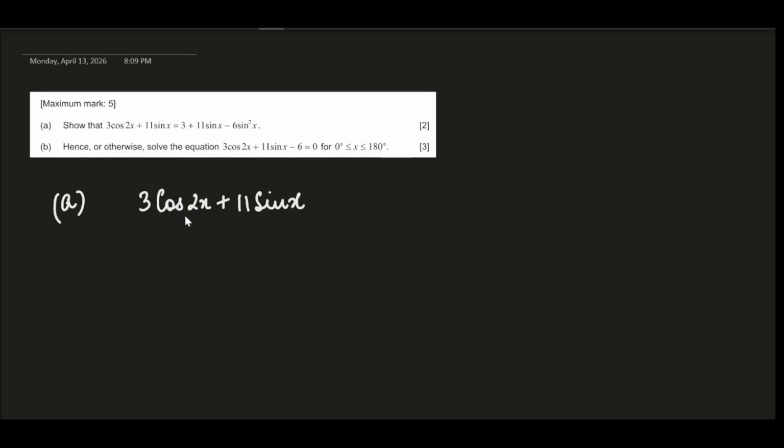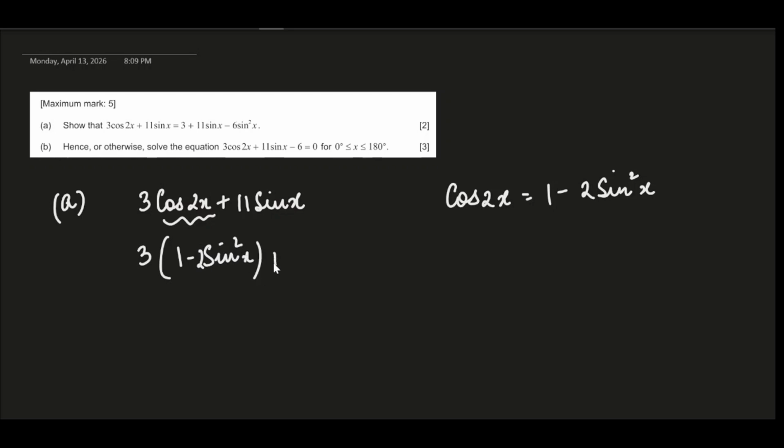Now we have cos of 2x over here, so we are going to use the double angle identity. We know that cos of 2x equals 1 minus 2 sine square x. So we are going to substitute this over here. When we substitute, it becomes 3 times (1 minus 2 sine square x) plus 11 sine x.